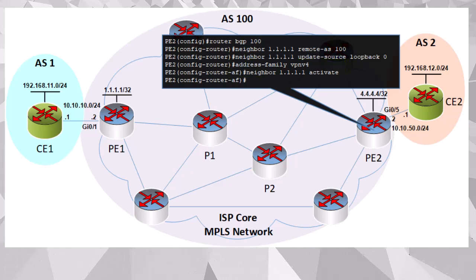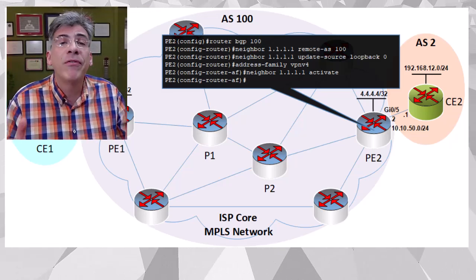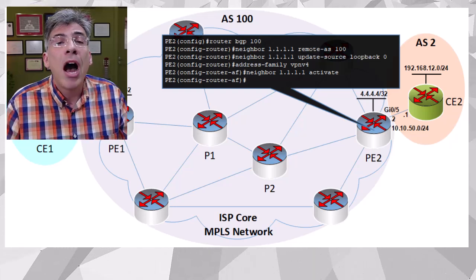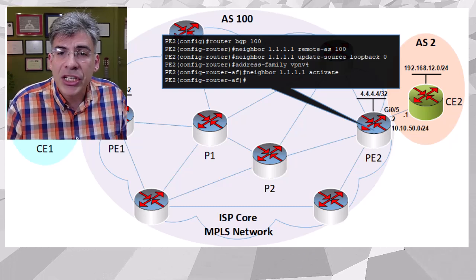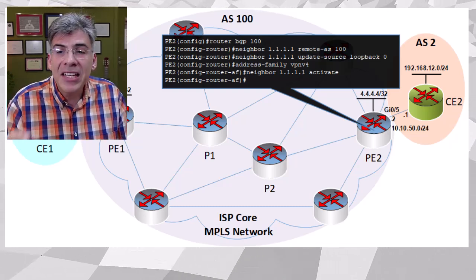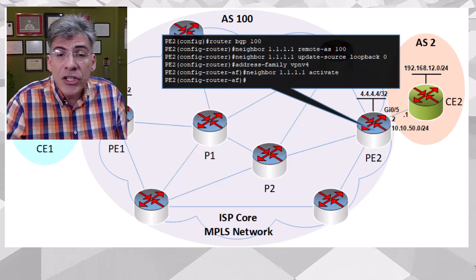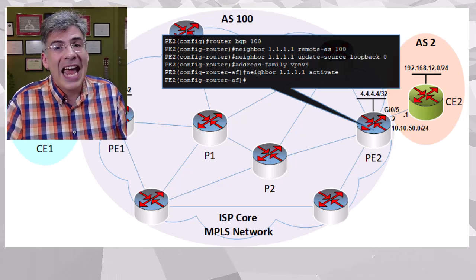So at this point, we have completed our configuration of the ISP network for VPNv4 routes using MPLS on Cisco IOS routers. In the next video, we'll continue this configuration with the setup of the customer devices. We'll also go through several verification steps to see how this whole setup operates in action.